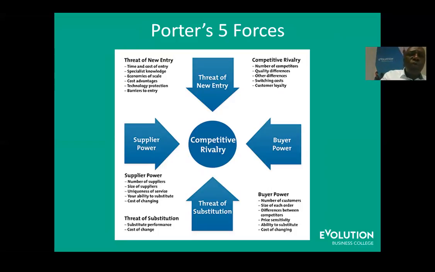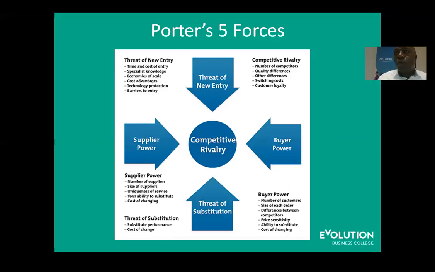So when we talk about Porter's 5 forces, we're saying to organizations, even there will be investors or there will be innovators, they look and say, if I have this product, or if I go into this country, the threat of new entry, what do we mean? We say the time and cost of entering into that industry. Say a telco, a telephone company, what is the cost of entering into the telco industry?